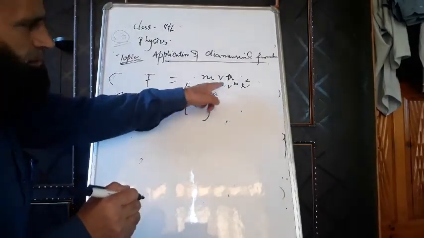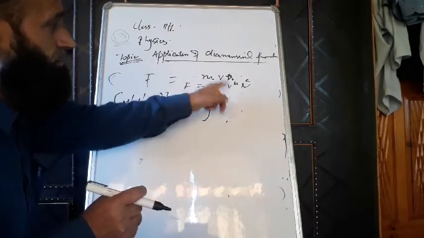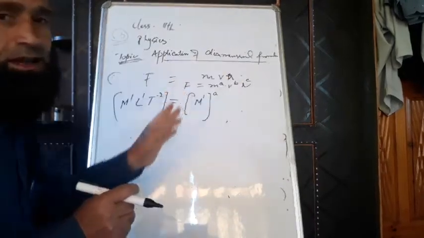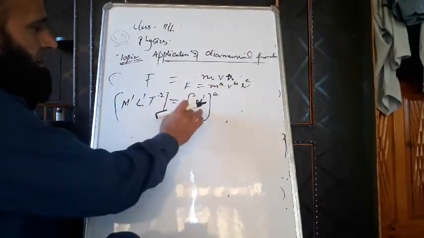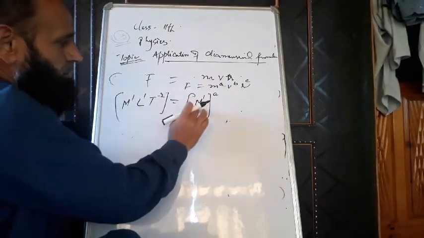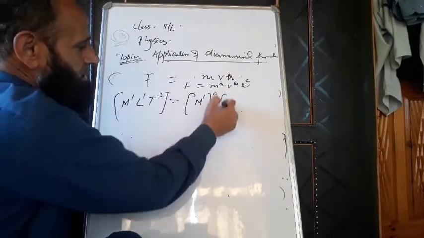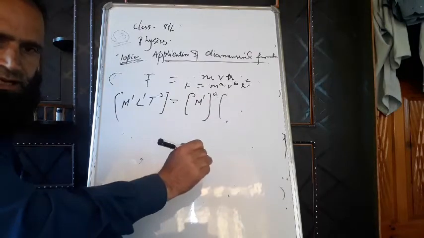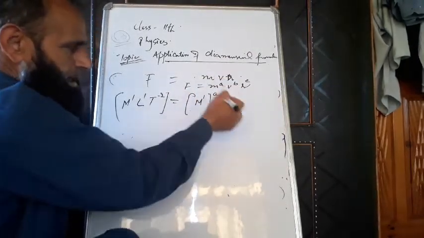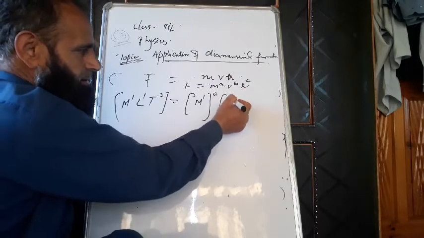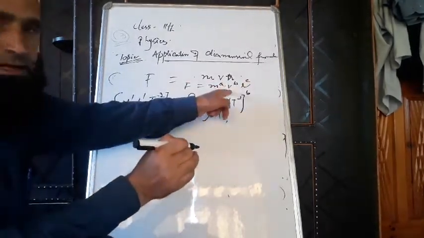I don't know the power of a, I don't know the power of b, and I don't know the power of c. I have to find a, b, and c. For mass, M1 raised to a. For velocity, I can write L1 T minus 1 raised to power b; there is no mass in velocity.